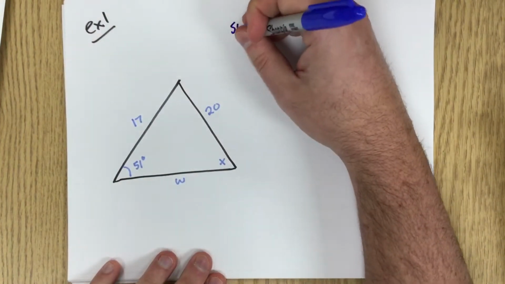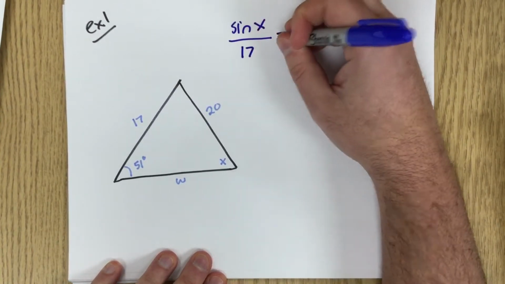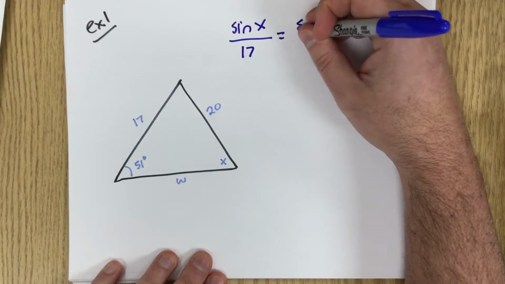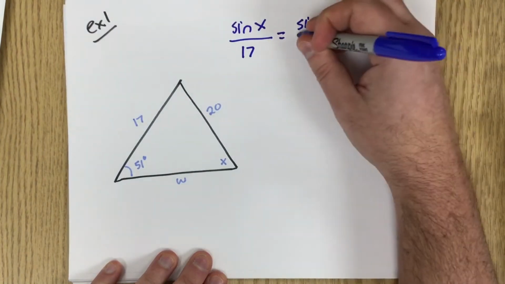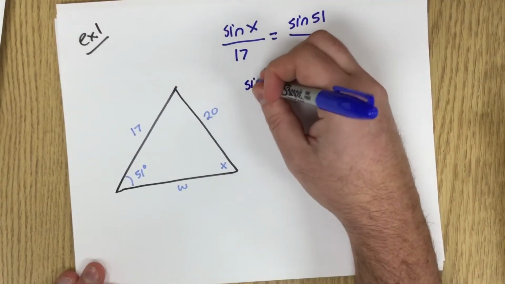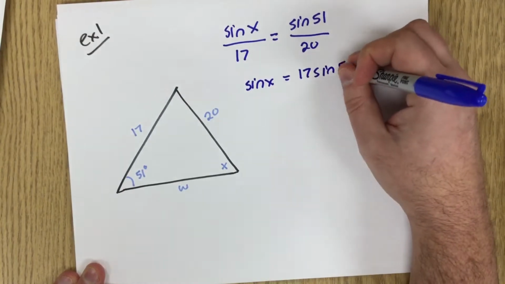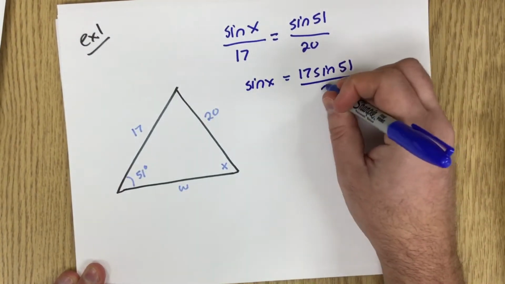So it's going to be sine x over 17 equals sine of 51 over 20. So sine x equals 17 sine 51 over 20.